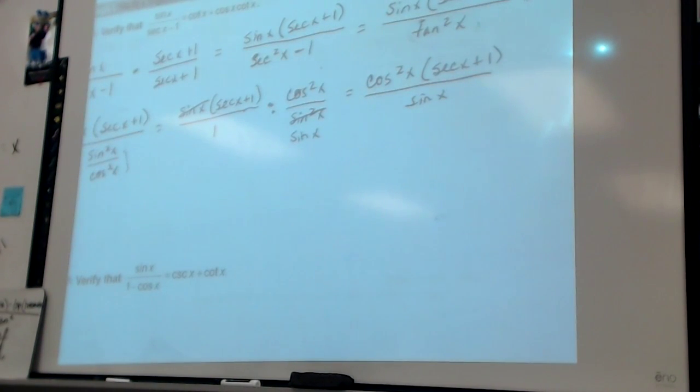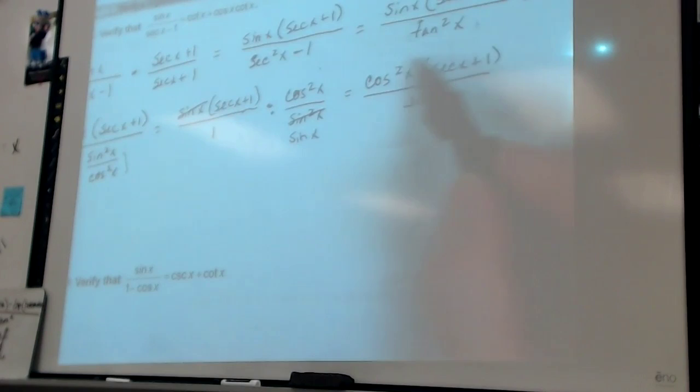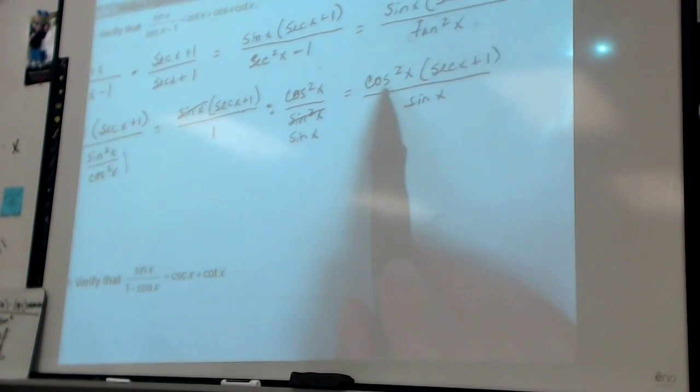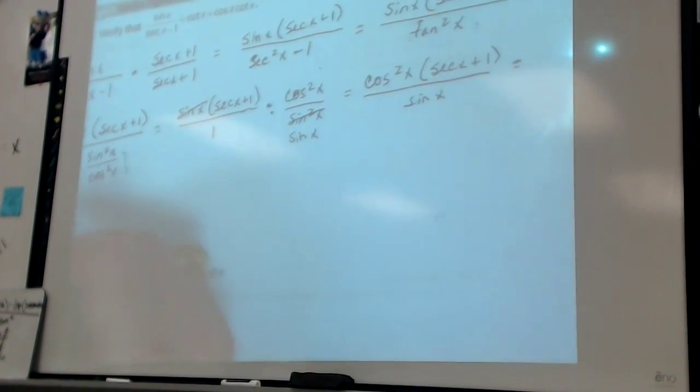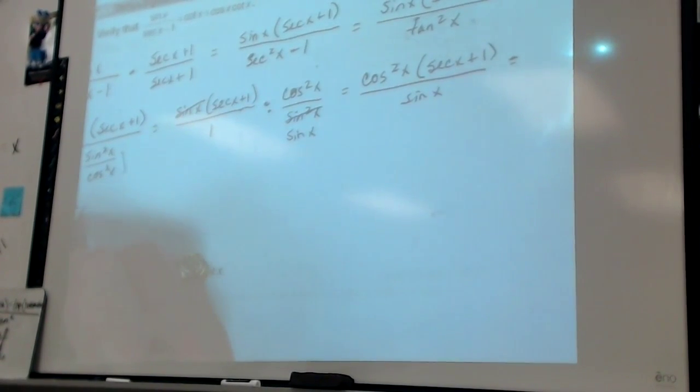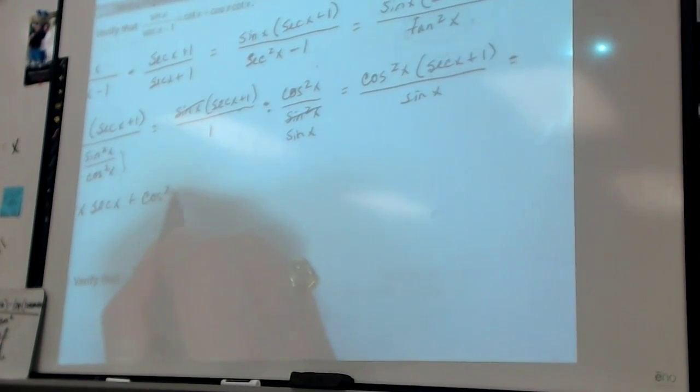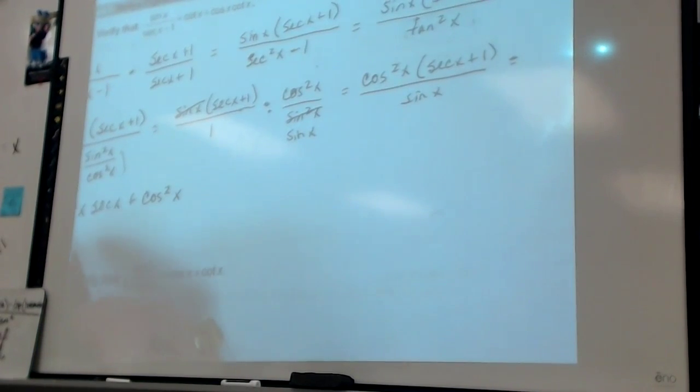Okay, it looks like, let's go ahead and distribute this right here, because when I distribute, well, you'll see what happens. All right. So we have a cosine squared x times secant x plus cosine squared x all over sine of x.